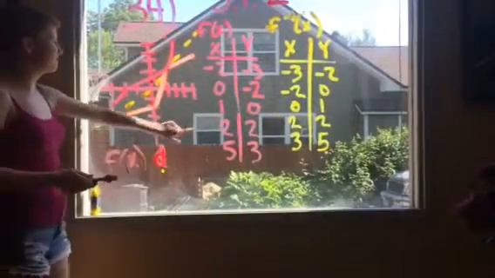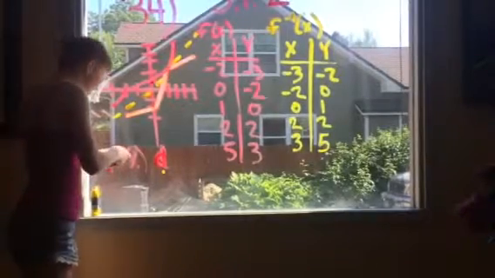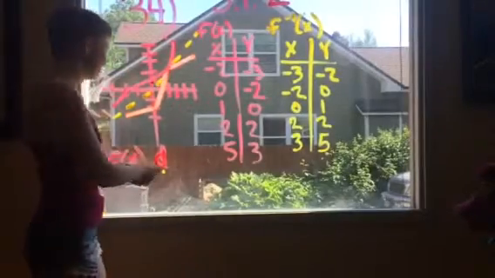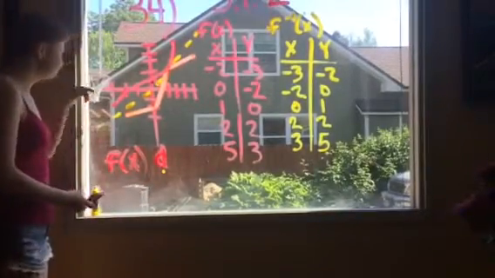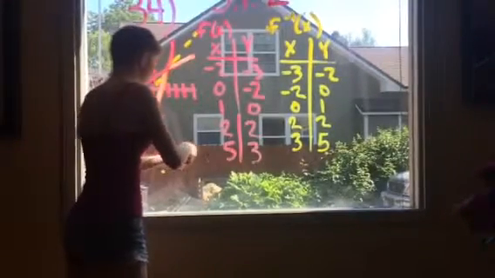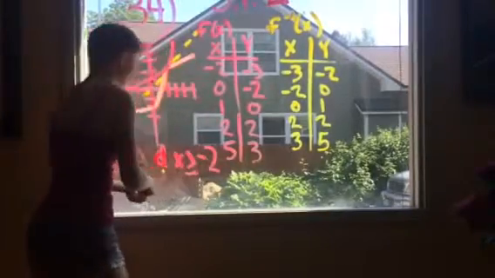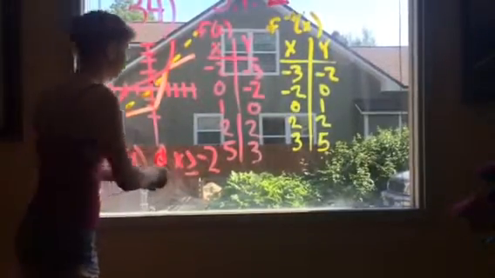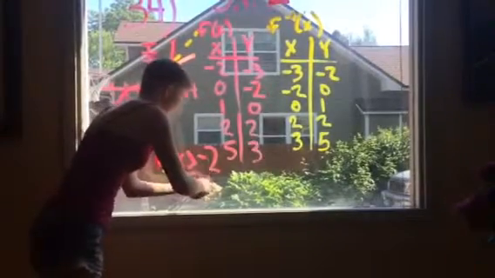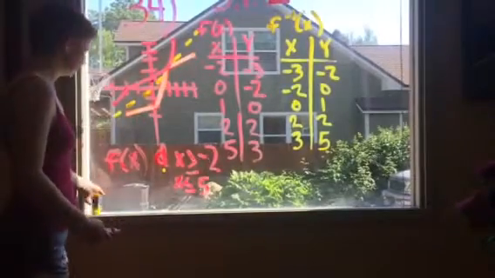Okay, so the domain for the original function, f of x, is going to be: x has to be greater than or equal to -2, but x also has to be less than or equal to 5. So that's the domain for this parent function.